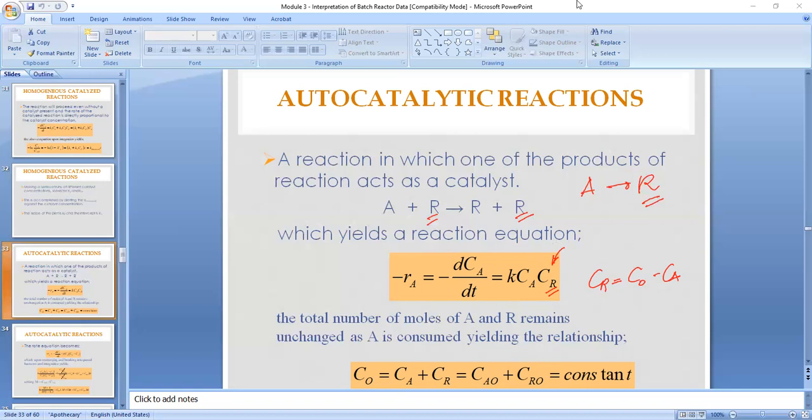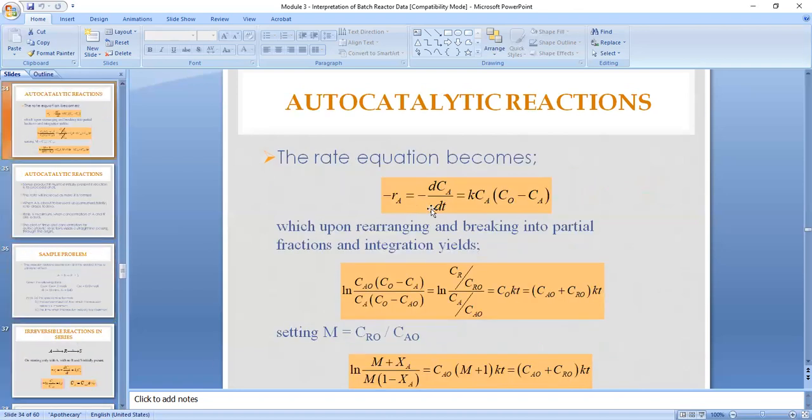Now, if you go further, this will be the resulting rate expression. Your C sub R is changed to C sub O minus C sub A. If you do separation of variables and process the integration portion using method of partial fractions, this will be the corresponding formula that you will be getting.